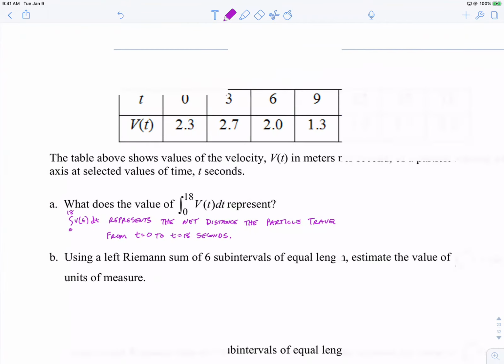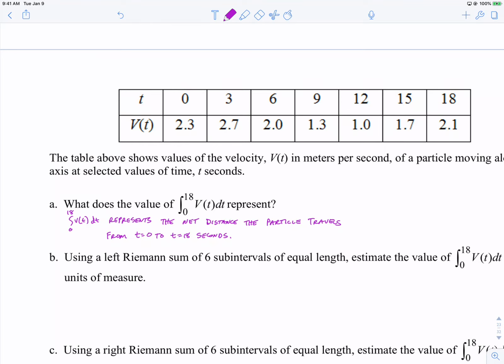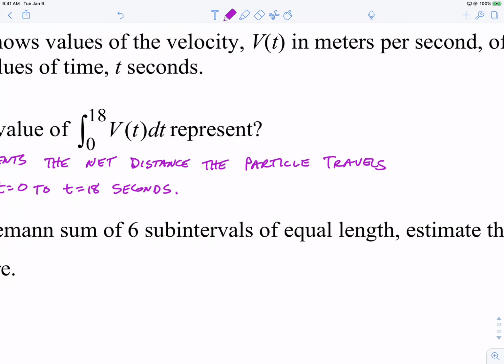Also notice that since all these values are positive, all the velocities are positive, that would also represent the total distance.